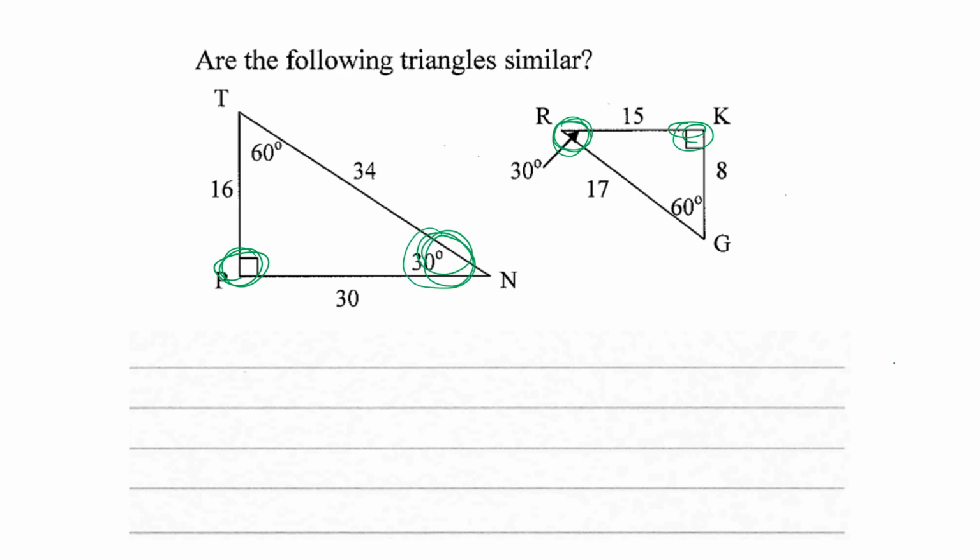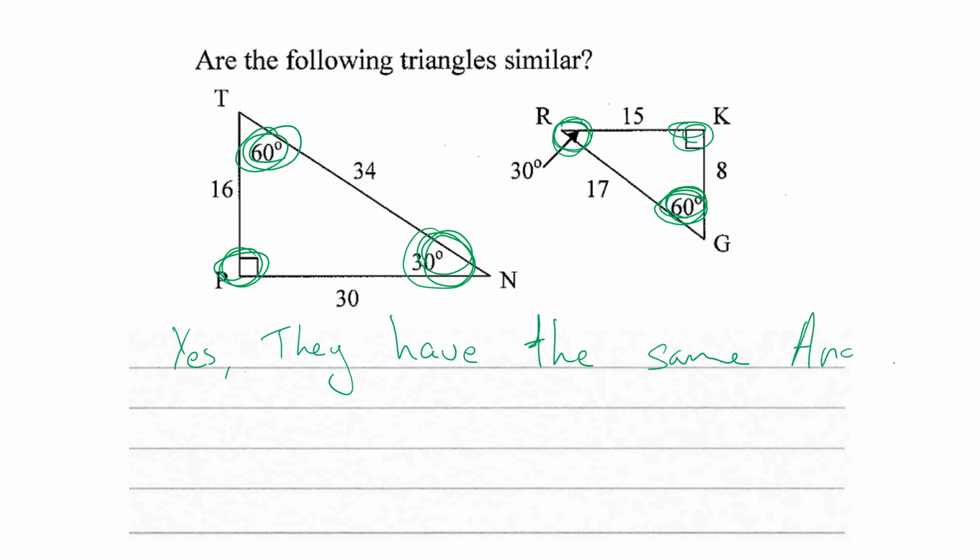Yeah? And then finally, this 60 degrees here is the same as this 60 degrees here. So we can say, yes, all of these triangles are similar. And the reason is they have the same measurements for the angles, the same angles. Yeah, so each of these is a similar triangle.